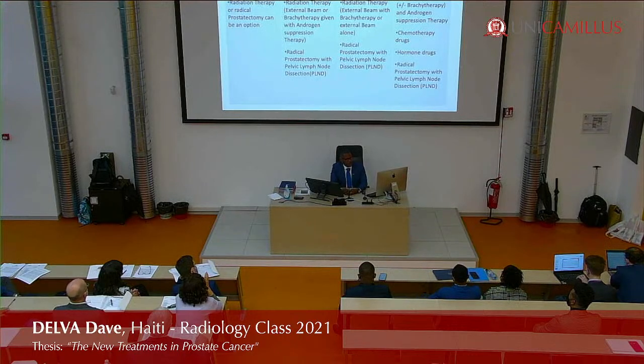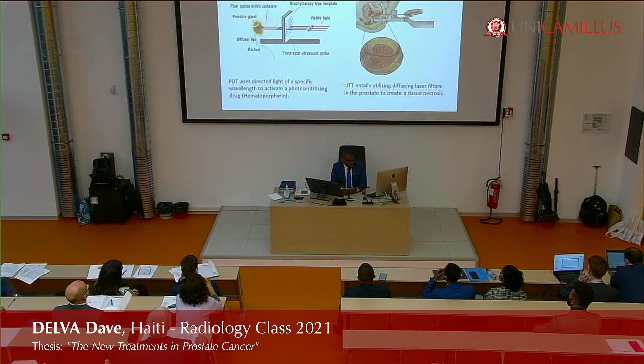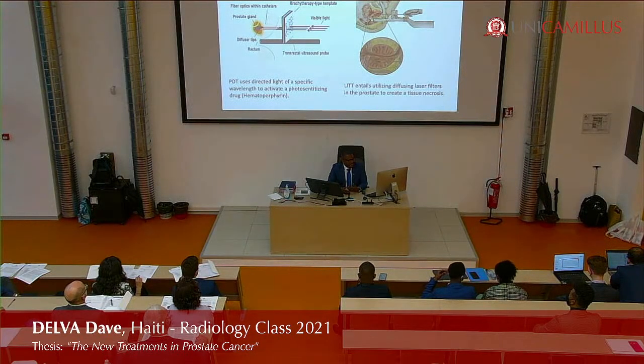In between, we have a choice in the focal treatment, of which the first one is the focal laser therapy, the first treatment that I chose to talk about. The focal laser ablation uses a laser to kill the tumor cells. Photodynamic therapy and laser interstitial therapy are types of focal laser ablation.